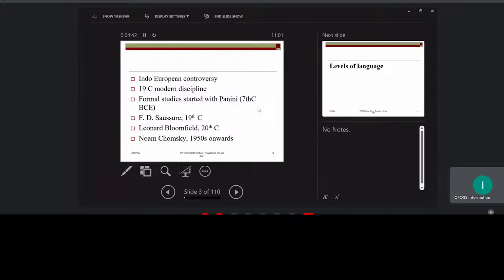Now, there was this guy called William Jones, who was in the Kolkata administration of the British East India Company, and we used to hire what we call civil servants in India. They were hired by an exam in England.